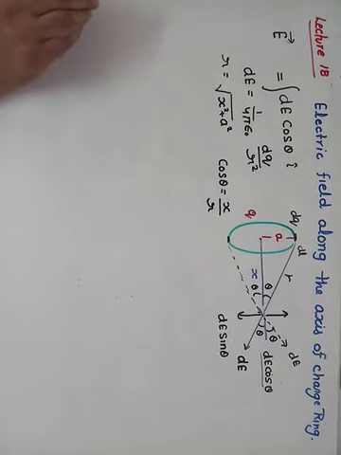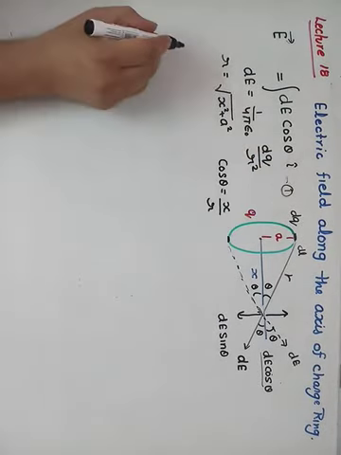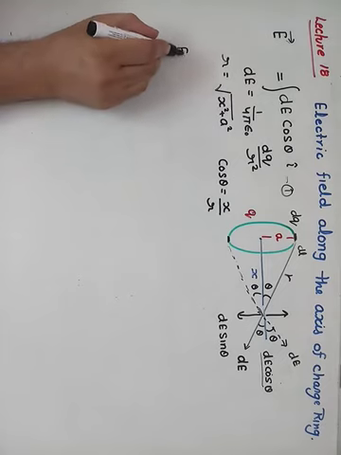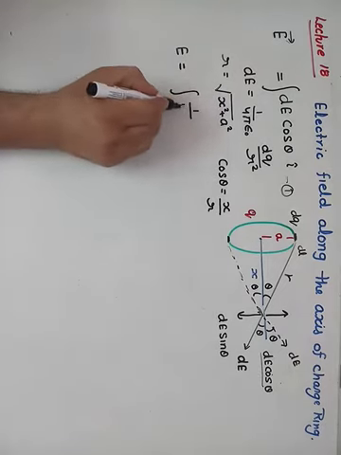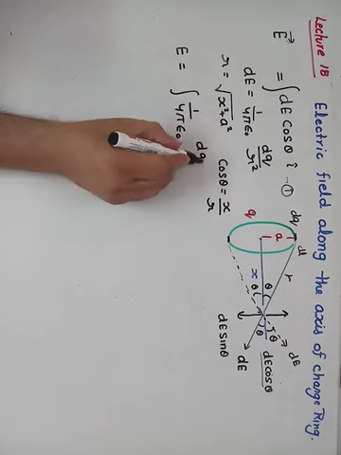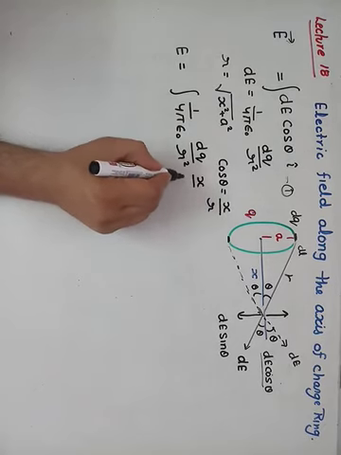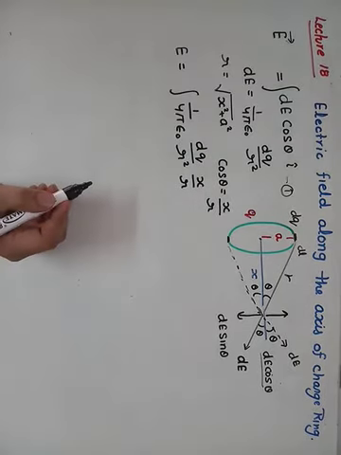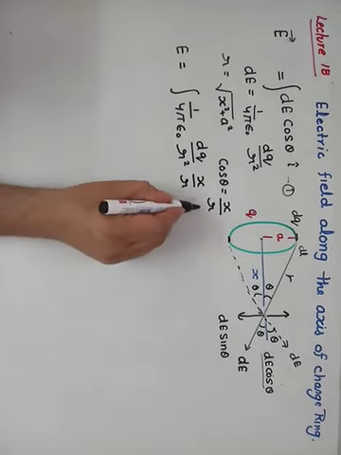Now next we integrate it. Equation 1 reduces to E equals, we put the value of dE, 1 upon 4 pi epsilon naught, dq by R square, x by R. Direction is i.